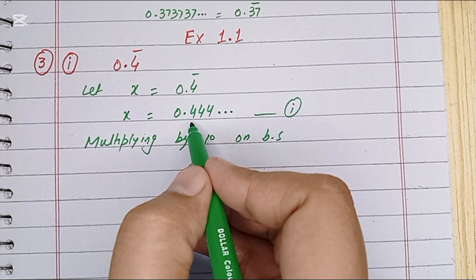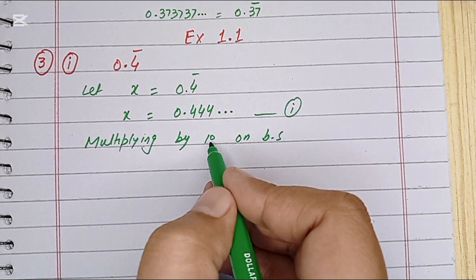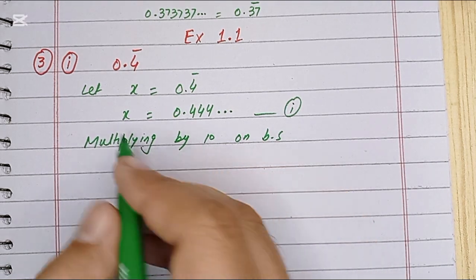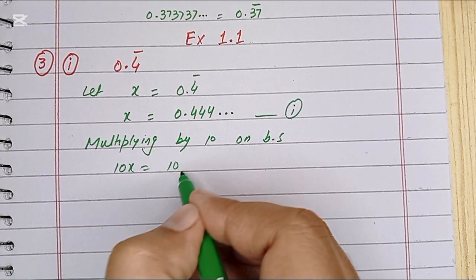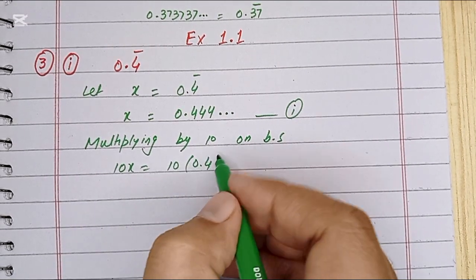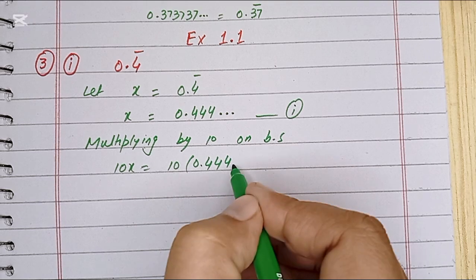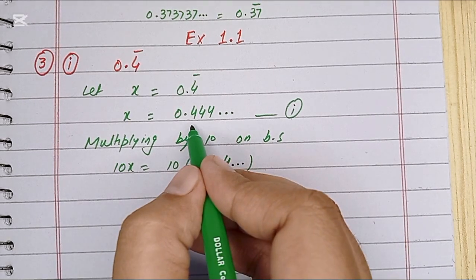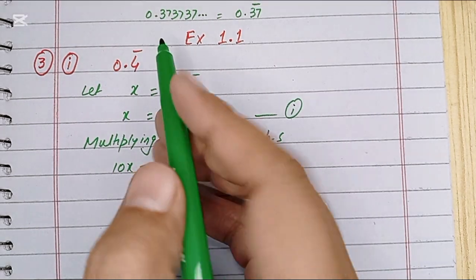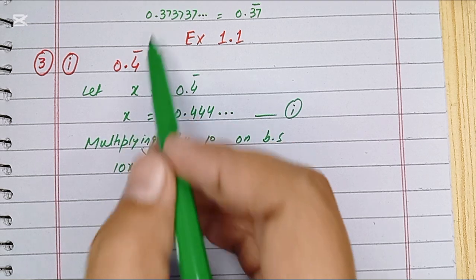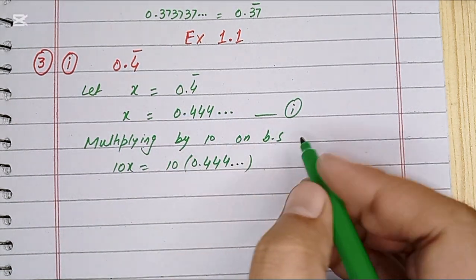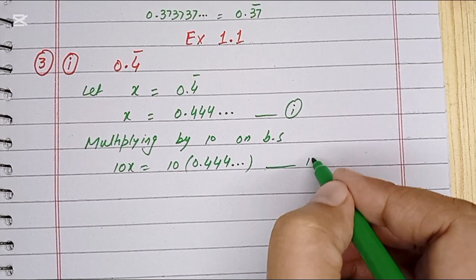If one digit is repeating, then we multiply by 10 raised to power 1 on both sides. So 10x equals 10 multiplied by 0.444 and so on. If there are two digits repeating, then we will multiply by 10 raised to power 2, which means 100. That becomes expression 2.